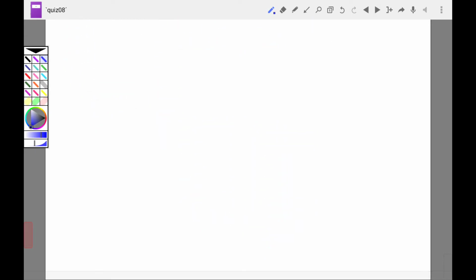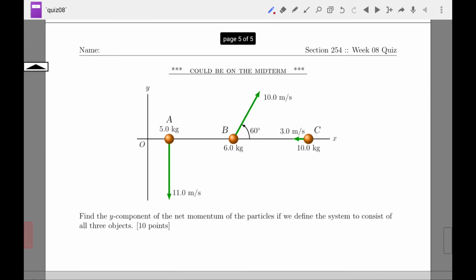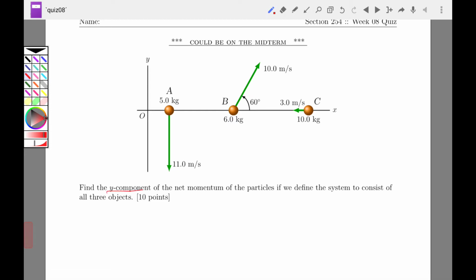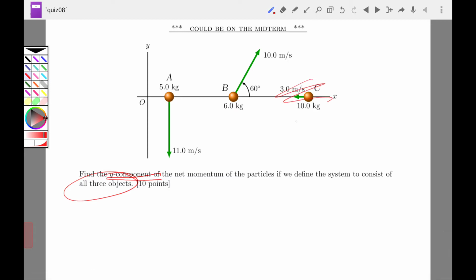And finally, section 254, the y component of all three objects. Well, it doesn't matter for C. C has no y component, but B does and A does.